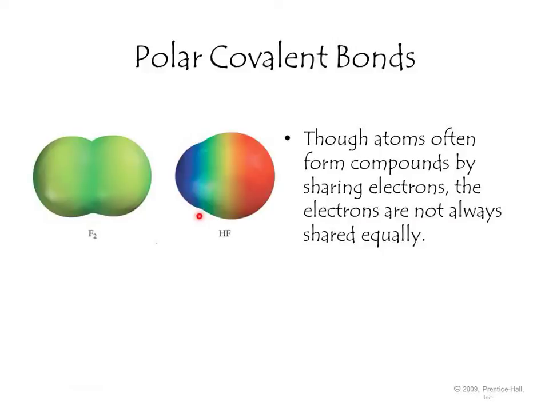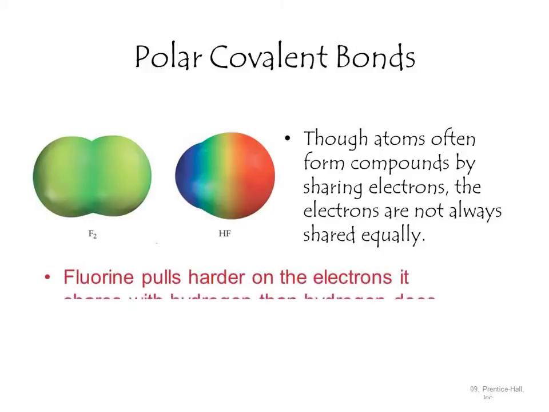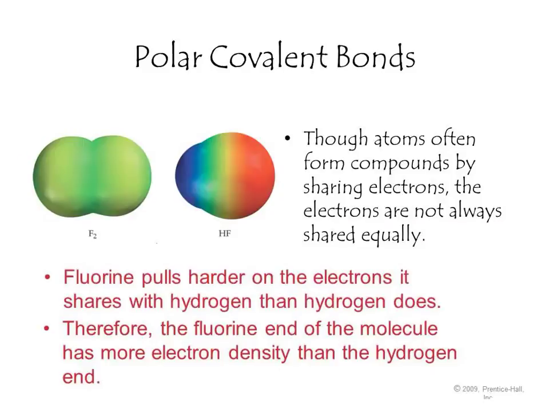The reason is that fluorine is pulling harder on the electrons that it shares with hydrogen. And so ultimately, the fluorine is going to have a larger electron density. This deals with electronegativity, something that we learned back in periodic table trends.